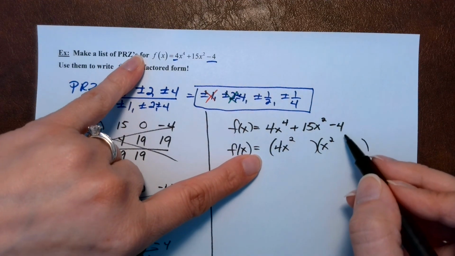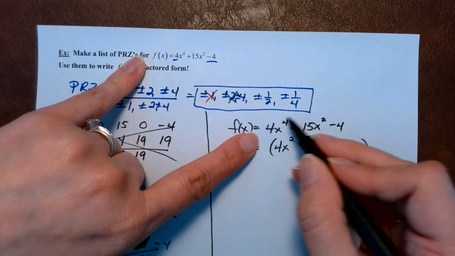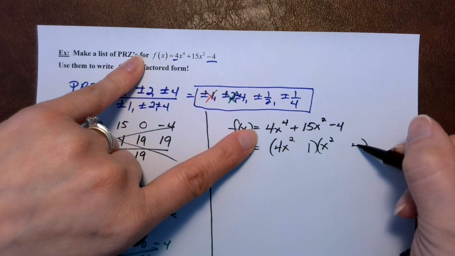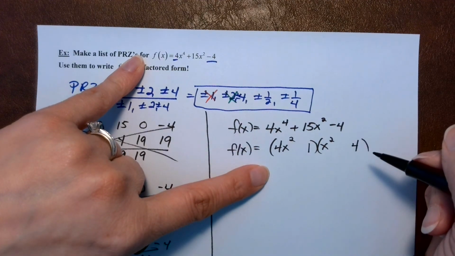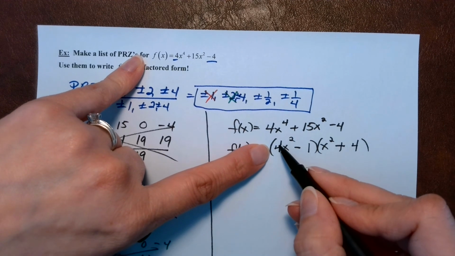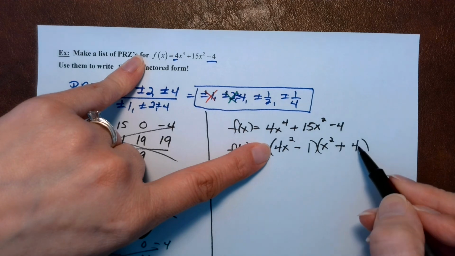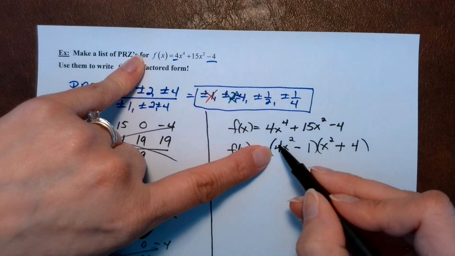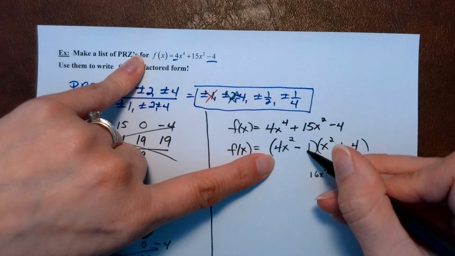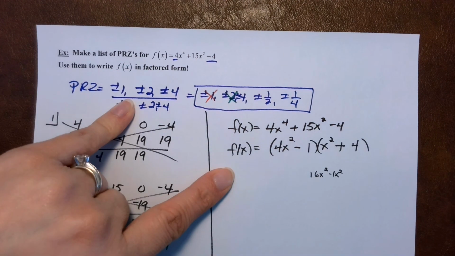And how do you make a 4? I can't put 2 here because I can't take a 2 out. I think this has to be a 1 and a 4. If I put a minus here and a plus here, does this work? 4x to the 4th. My outers would be 16x squared, and the inners would be minus 1x squared. That would make 15x squared.